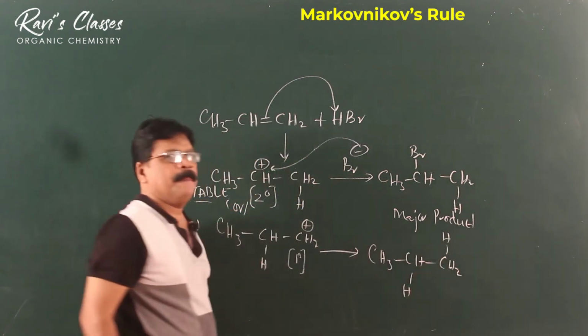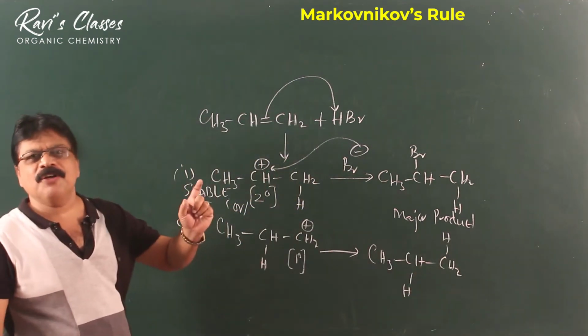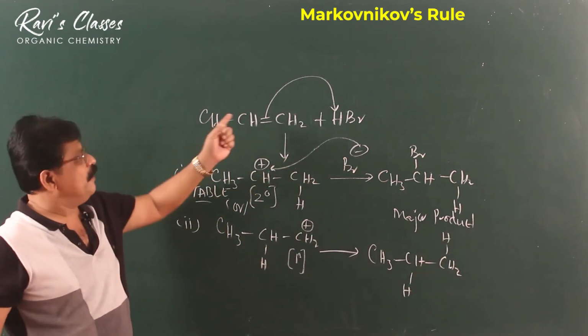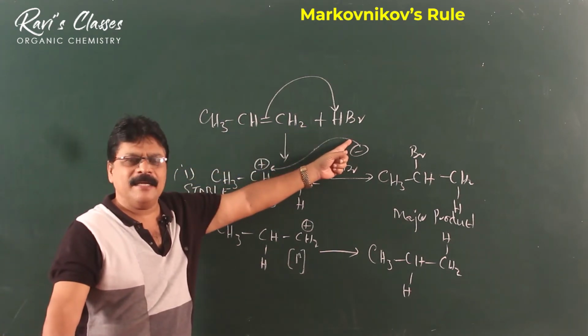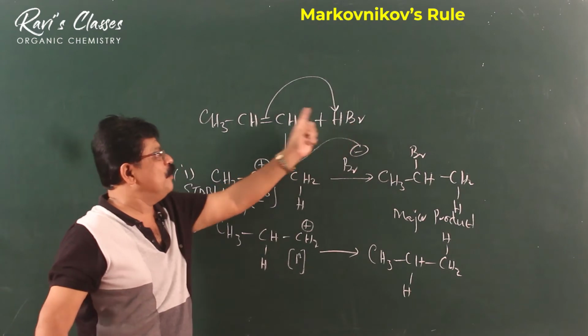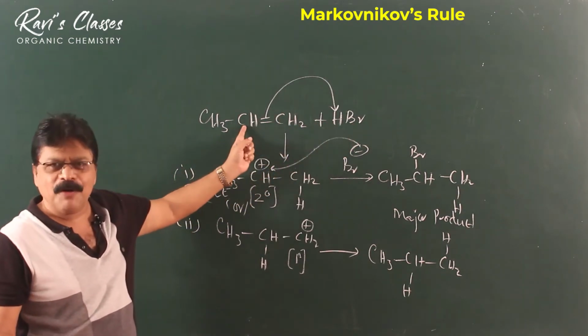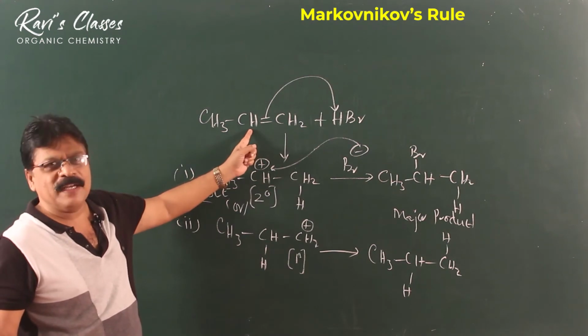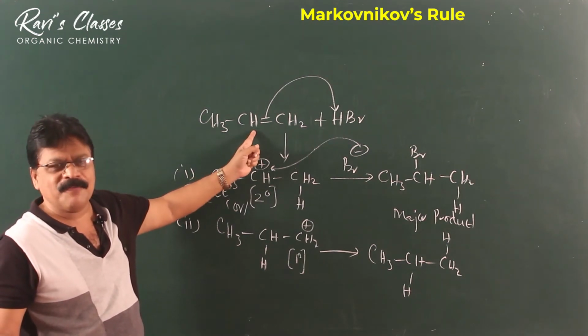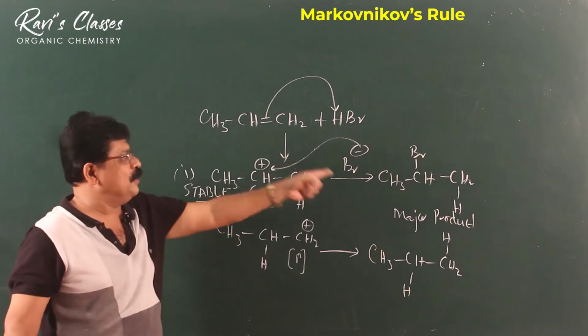So, the statement of Markovnikov's rule is that whenever an unsymmetrical double bond undergoes an addition reaction with an unsymmetrical addendum, the negative part of the addendum will go to that carbon atom of the double bond which has the lesser number of hydrogens. Here this carbon has only one H, so it has the lesser number of hydrogens, so Br will come there, and that is the main product.